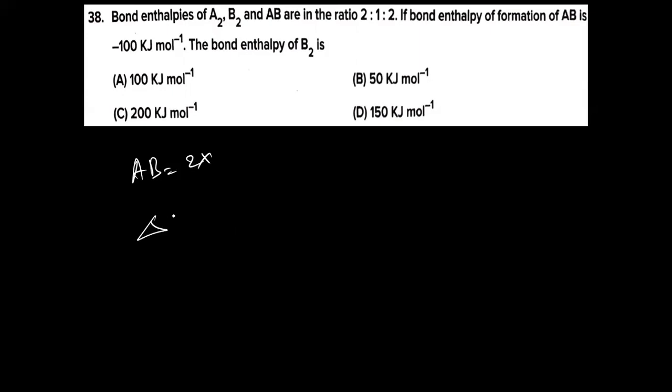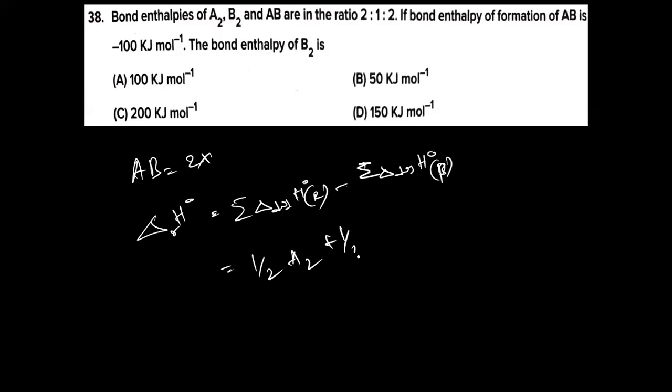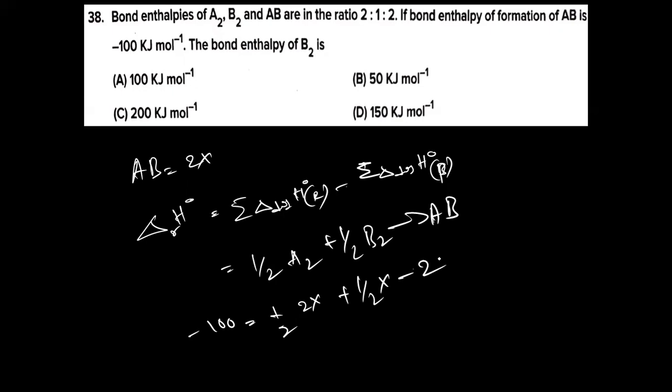Delta H naught of reaction equals the summation of dissociation enthalpy of reactants minus that of products. Substituting for half A2 plus half B2 giving AB, with delta H naught given as minus 100, we get minus 100 equals half of 2x plus half of x minus 2x.